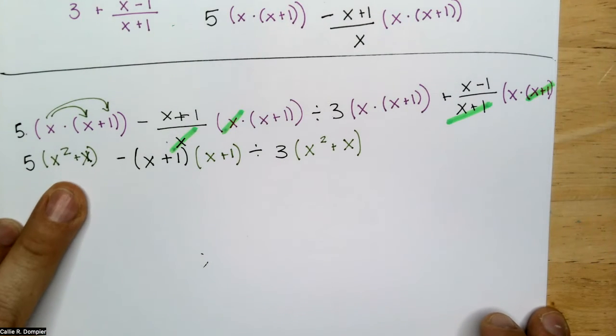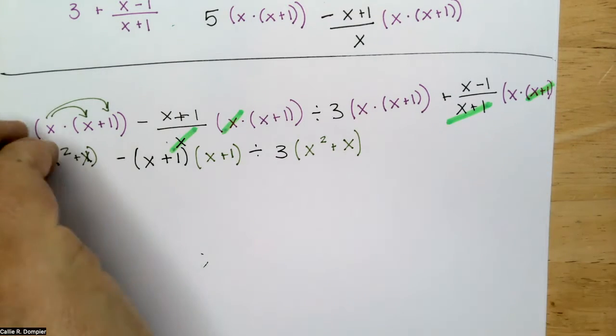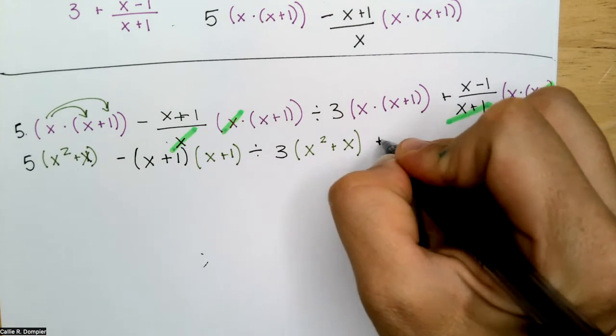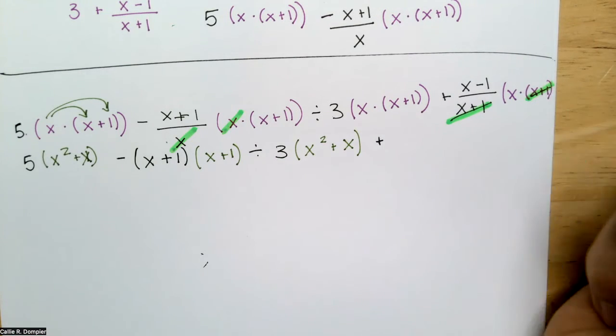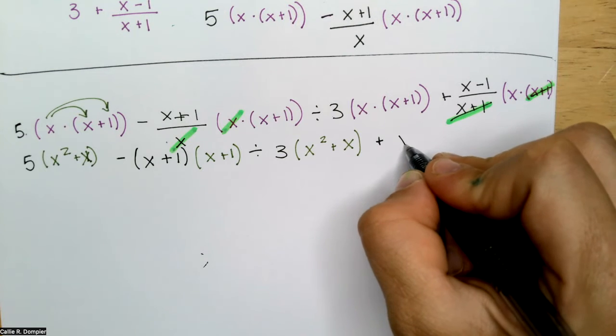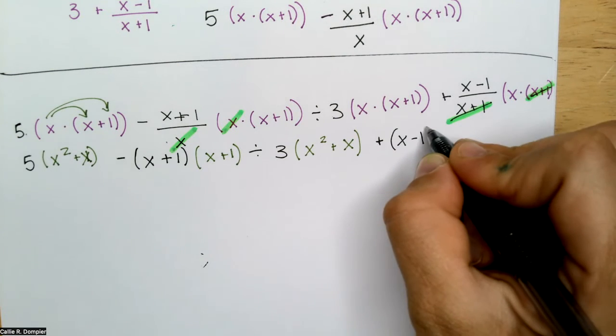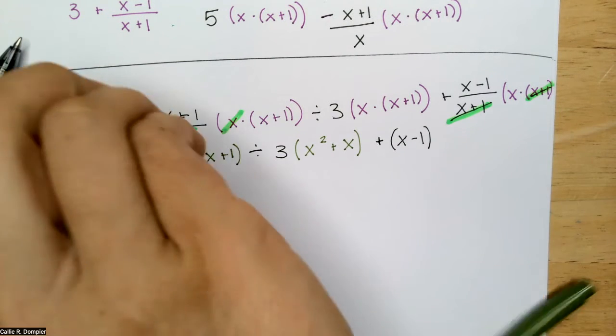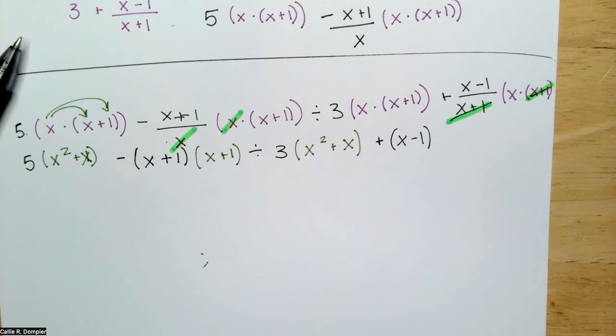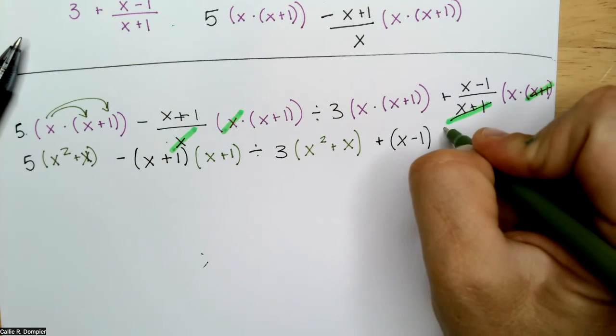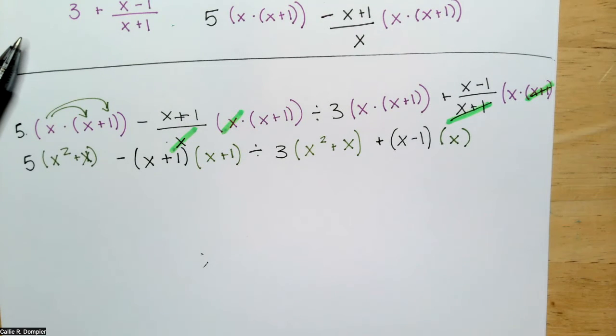So that's x squared plus x, and then plus, again, that and that eliminated each other. So I have x minus 1, and I'm going to put parentheses around it, times x. Good?